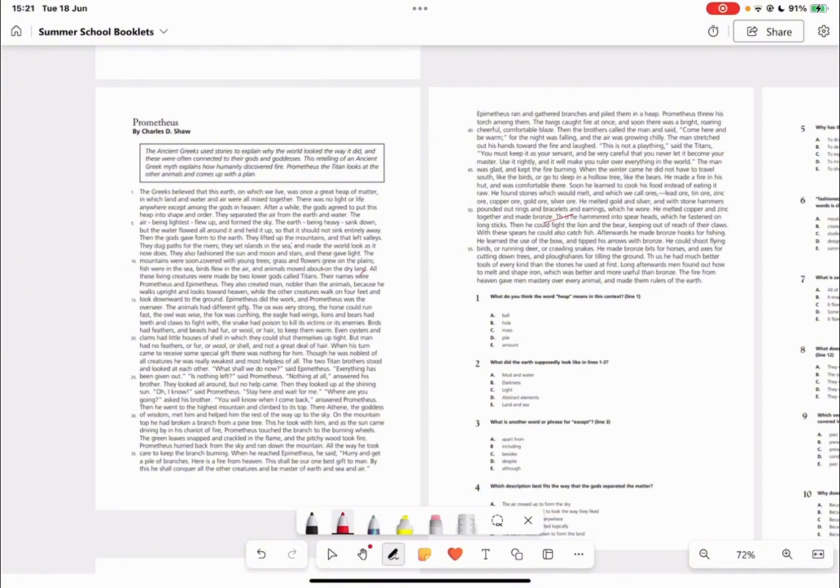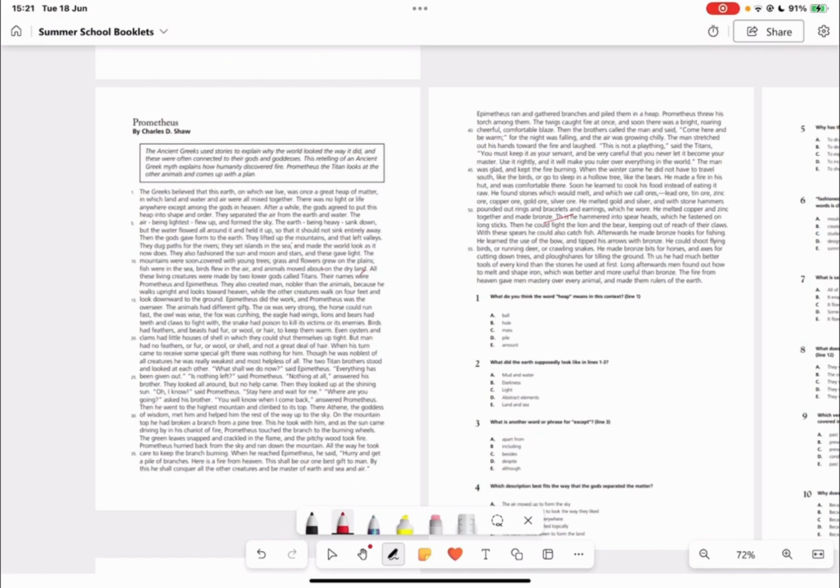He had much better tools of every kind than the stones he used at first. Long afterwards, men found out how to melt and shape iron, which was better and more useful than bronze. The fire from heaven gave men mastery over every animal, and made them rulers of the earth.